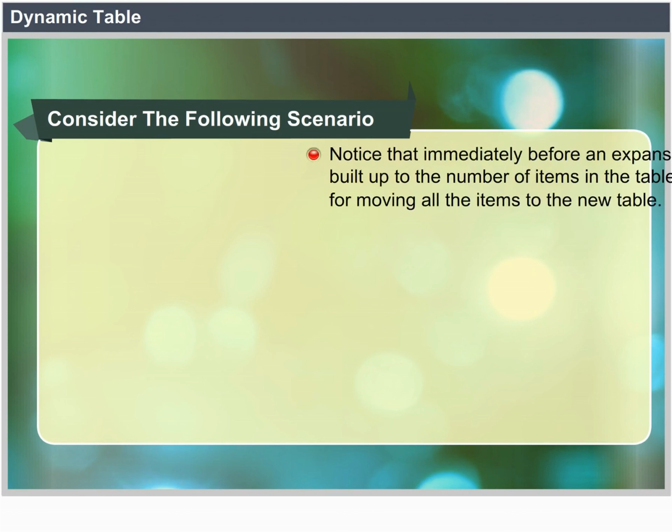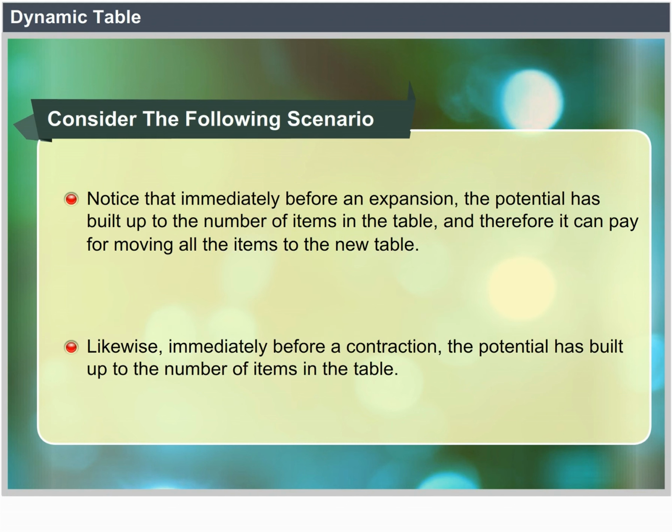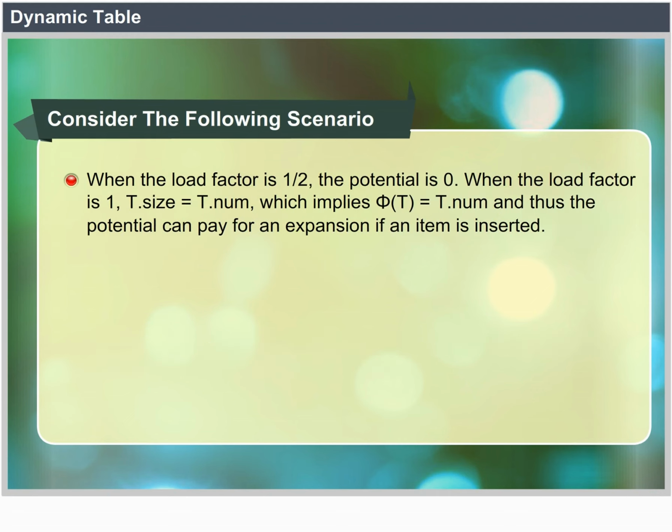Notice that immediately before an expansion, the potential has built up to the number of items in the table, and therefore it can pay for moving all the items to the new table. Likewise, immediately before a contraction, the potential has built up to the number of items in the table. When the load factor is 1/2, the potential is 0.